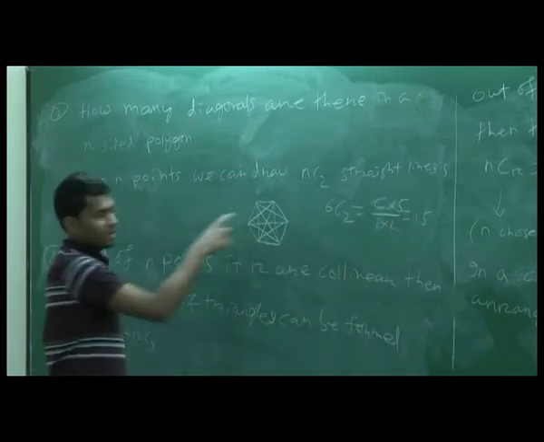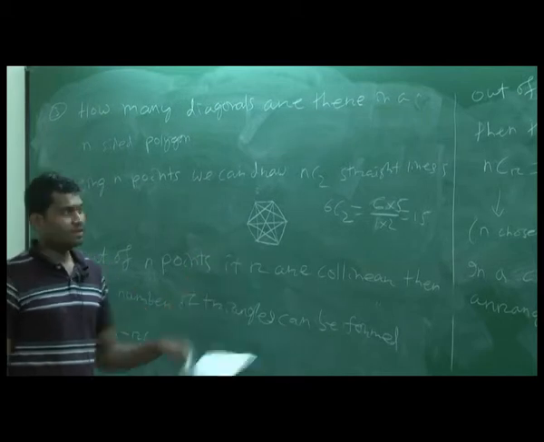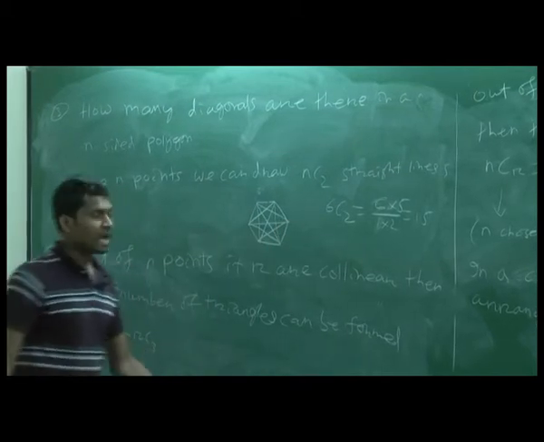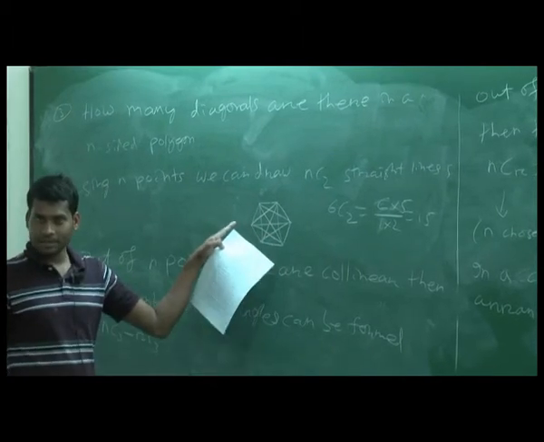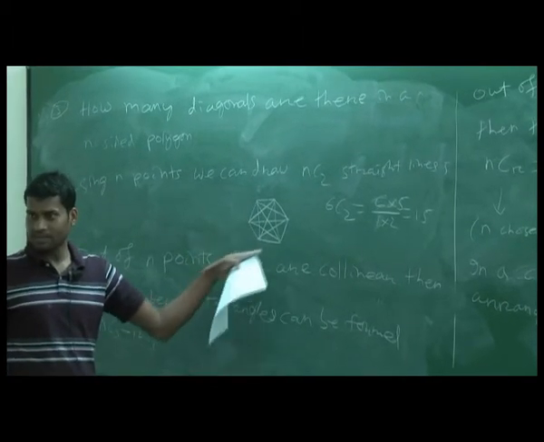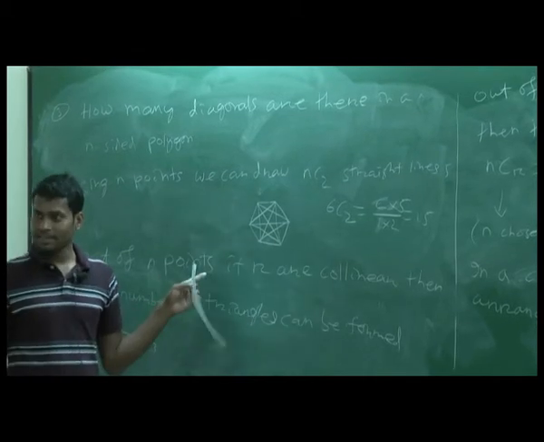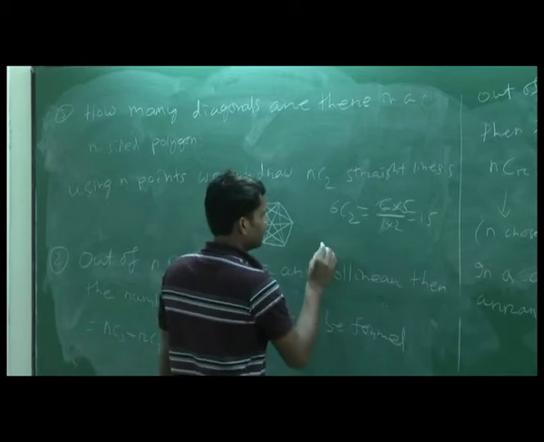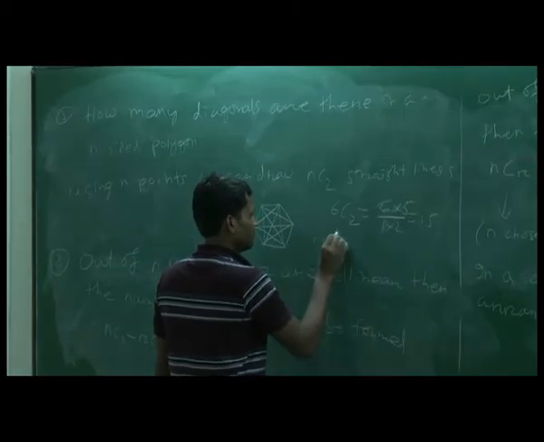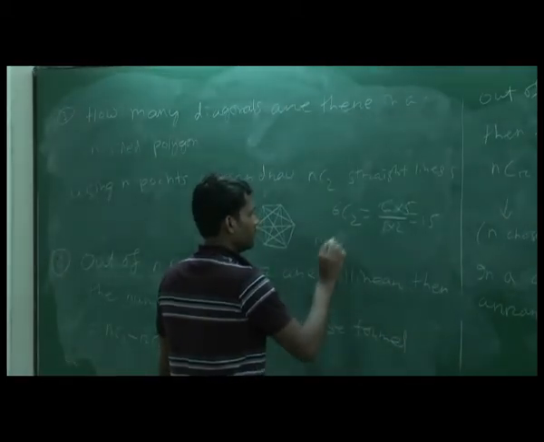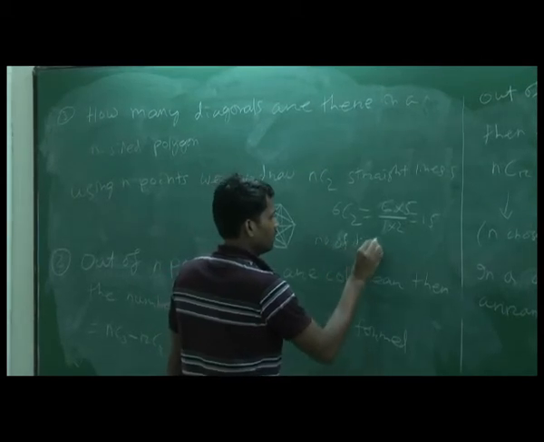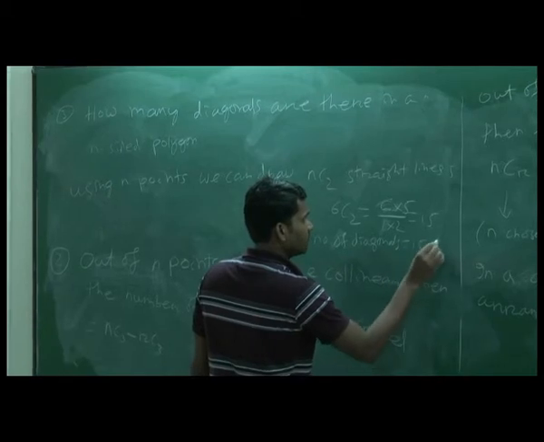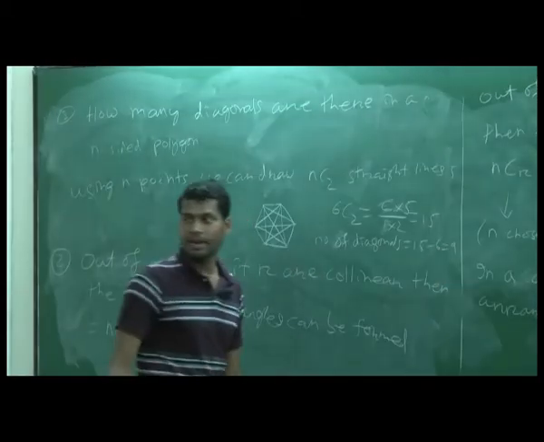Out of these 15 straight lines, 6 are sides of this polygon, and the others are diagonals. So the number of diagonals equals 15 minus 6, equal to 9, right?